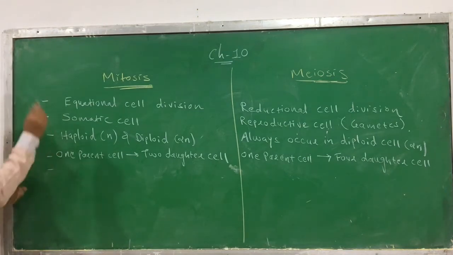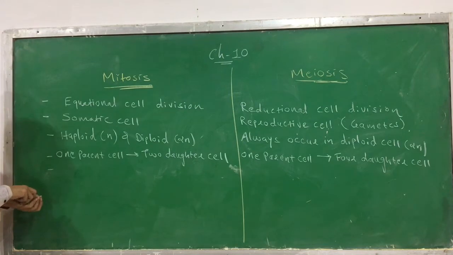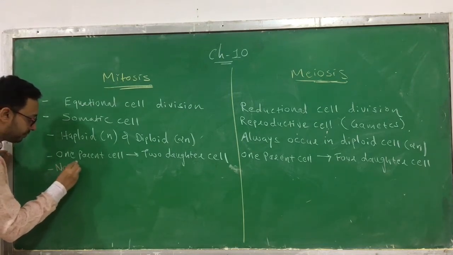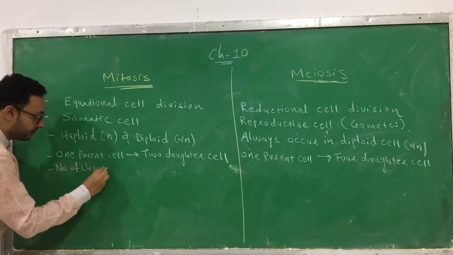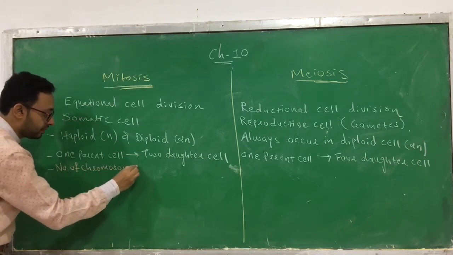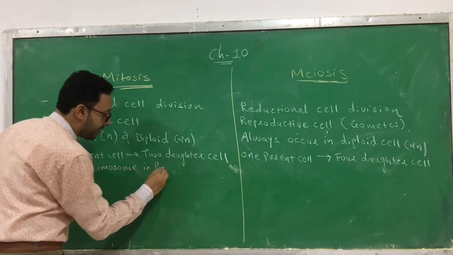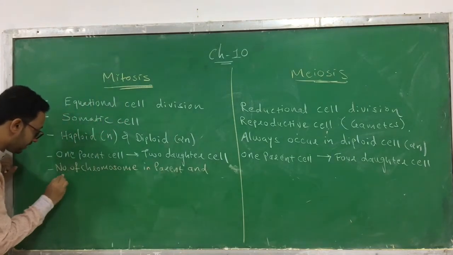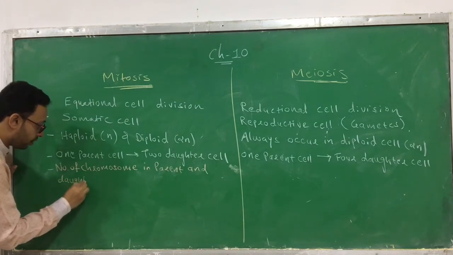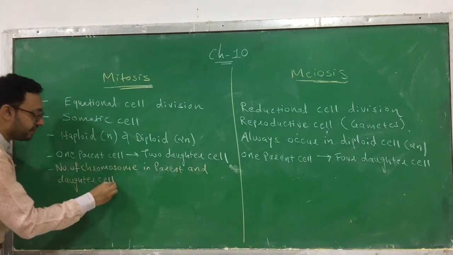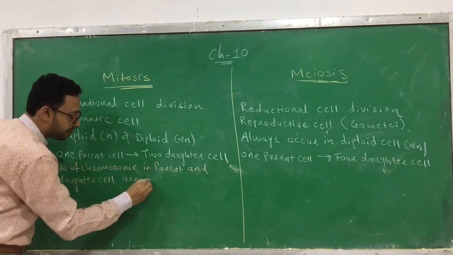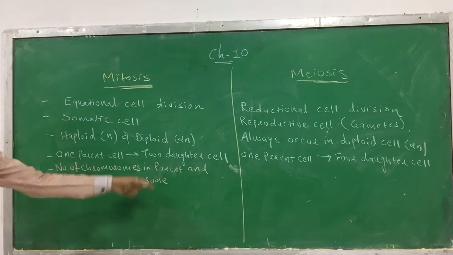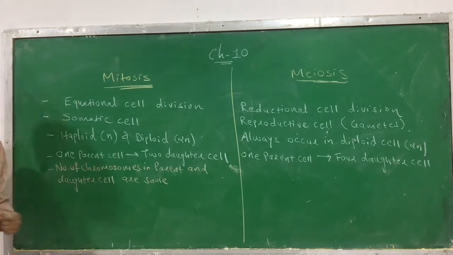In mitosis, the number of chromosomes in the parent and daughter cell, that means which is produced by division, are the same. The number of chromosomes in parent and the daughter cells are the same.